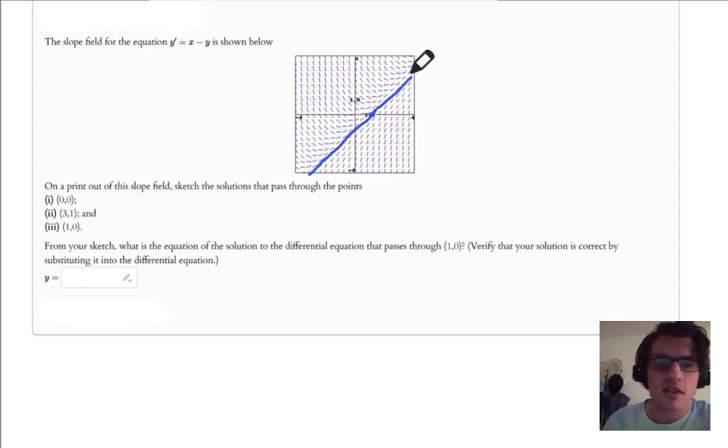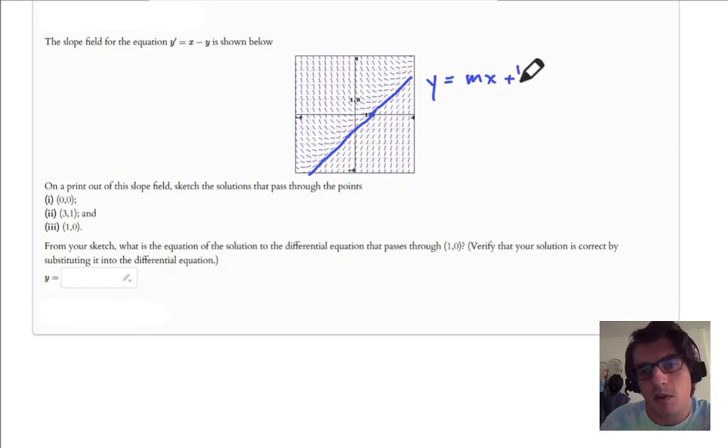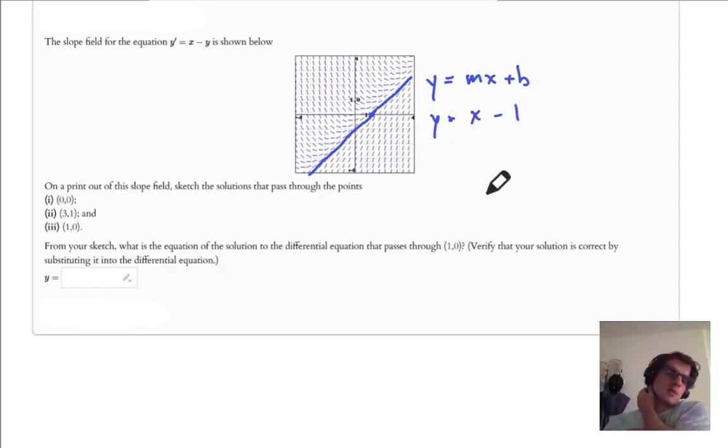Yeah, let's just give it a slope of 1. So if the slope is 1, mx plus b, we would have m equal to 1. Our b value is negative 1, so y equals x minus 1.